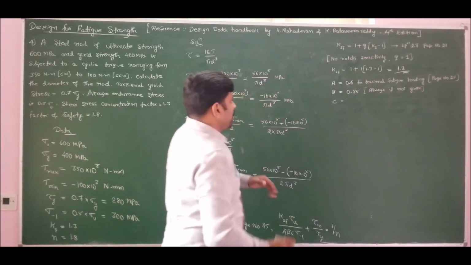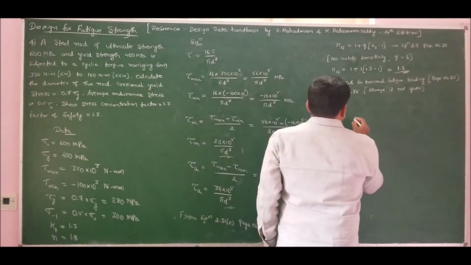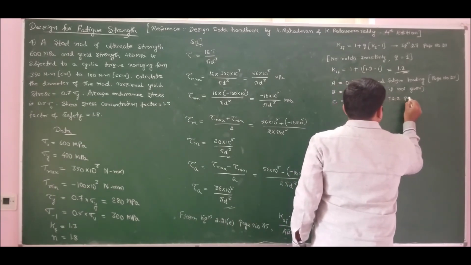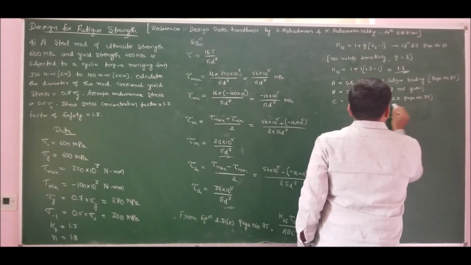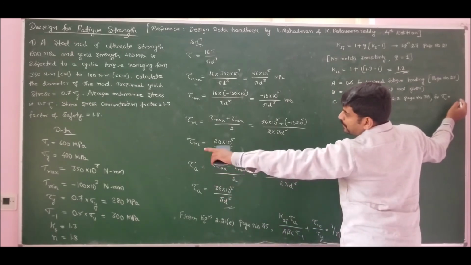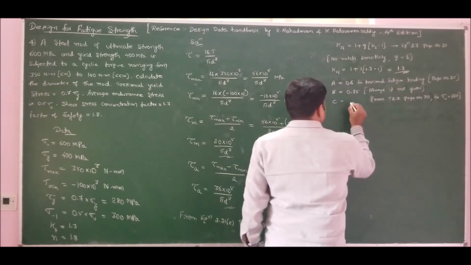Coming to surface correction factor, surface correction factor should be taken from table 2.2 referring to page number 32 of our design data handbook. For sigma ultimate equal to 600 megapascals, I can take the value as 0.87.